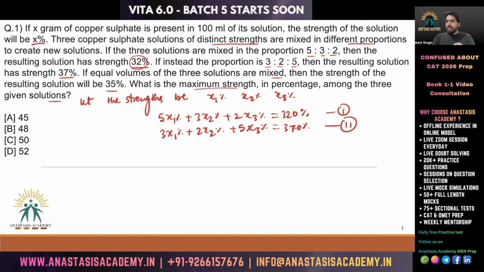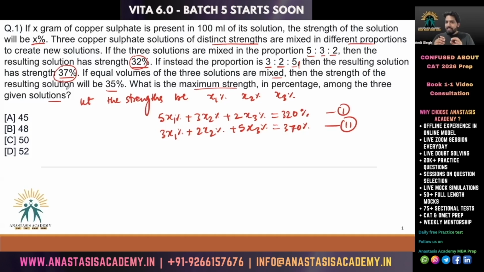And when I decrease the proportion of 1 and 2, but I increase the proportion of third solution, this final resultant strength has increased. What does it mean? If I have increased the proportion of third solution, now the resultant average has been increased.